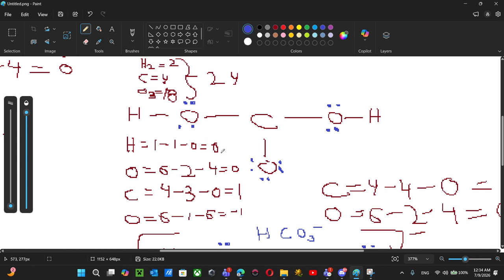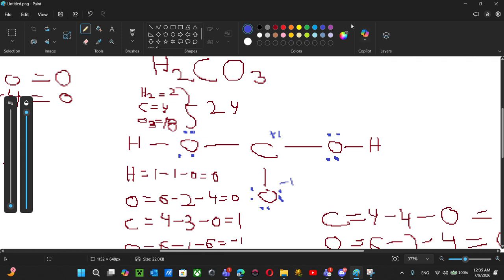1 minus 1 minus 0 is 0. 6 minus 2 minus 2 minus 4 is 0. 4 minus 3 minus 0 is 1, so this will be plus 1. And 6 minus 1 minus 6 is negative 1. But you need to find the best possible structure, so you just readjust this.